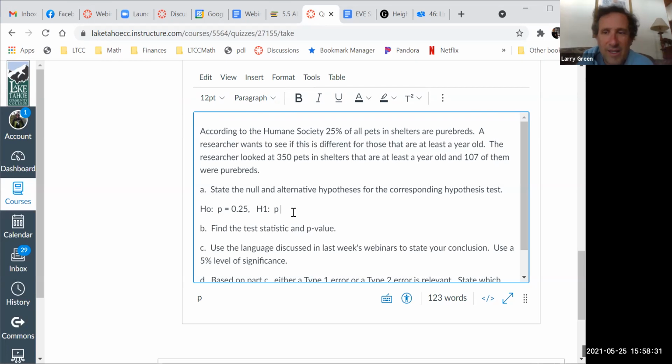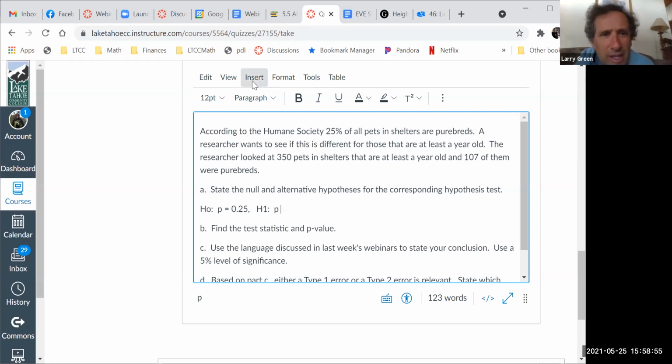There's an inequality. My guess is you probably had the right idea, but no matter what, we're going to have an inequality. There's less than, greater than, and not equal to. Those are all inequalities. So which inequality belongs in this particular one? Yeah, not equal to.